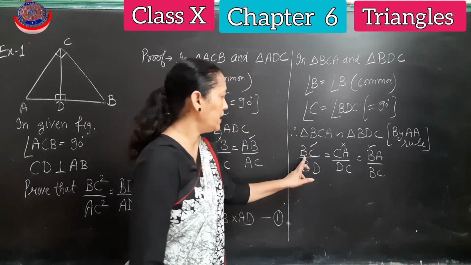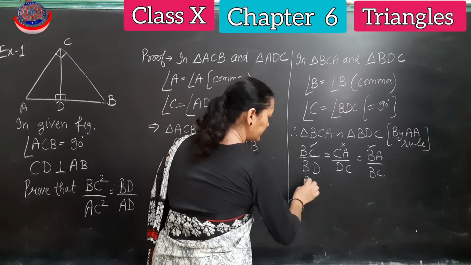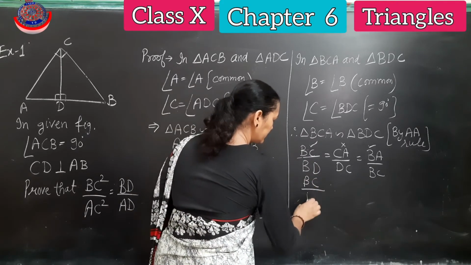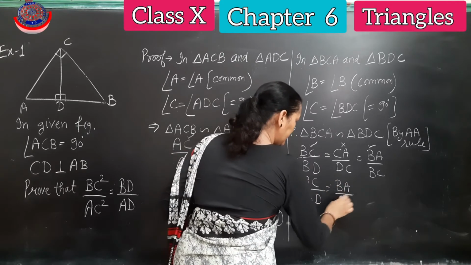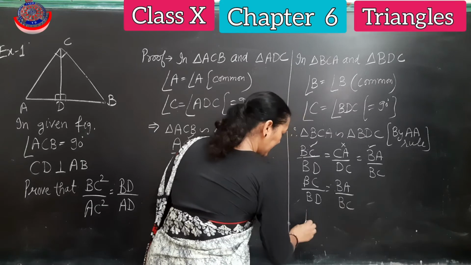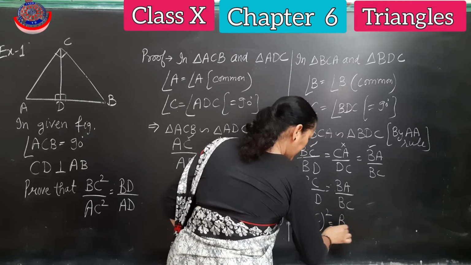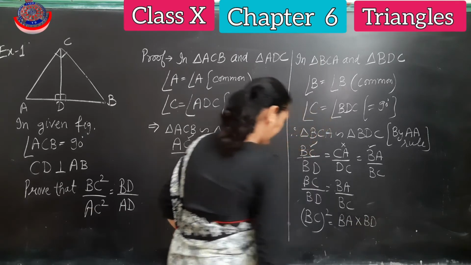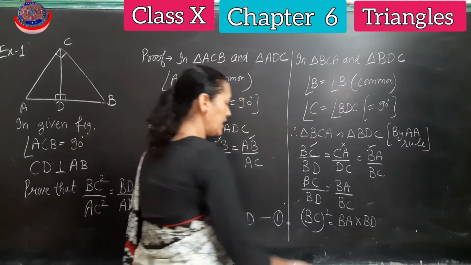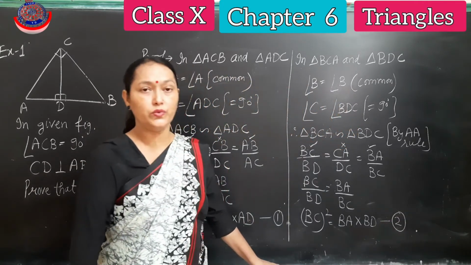So we'll be having BC upon BD equals to BA upon BC. Cross multiplication, we get BC square equals to BA into BD. So this we can name as equation number 2.